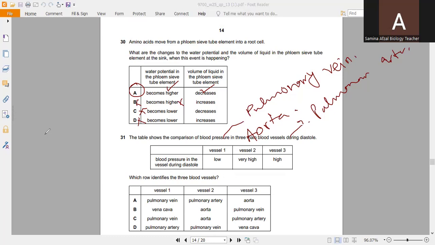So according to this arrangement, the very low pressure will be in the pulmonary vein, the very high will be in the aorta, and third, high, will be the pulmonary artery. So according to this, C is the correct option.